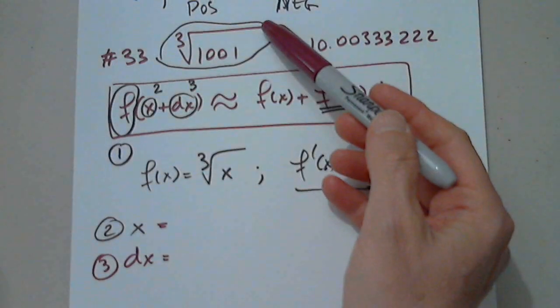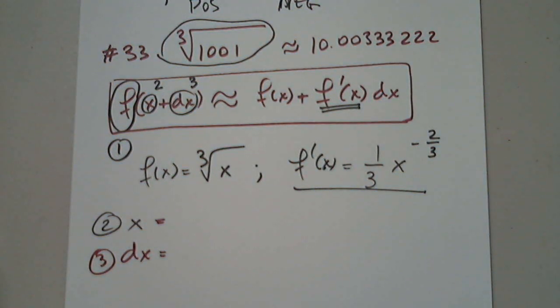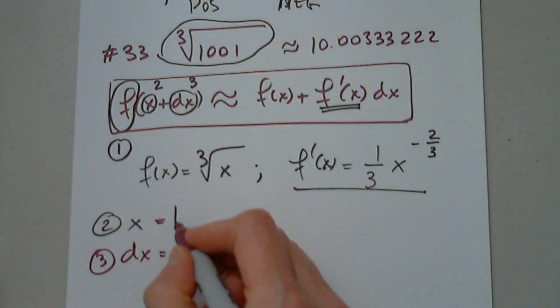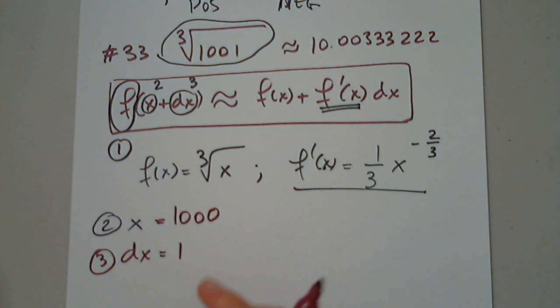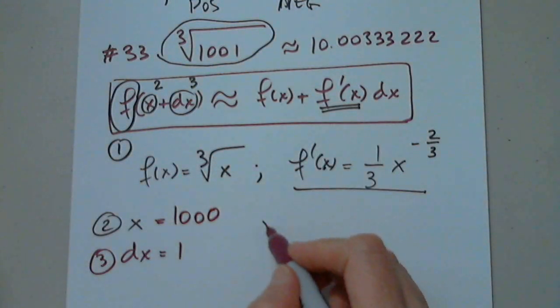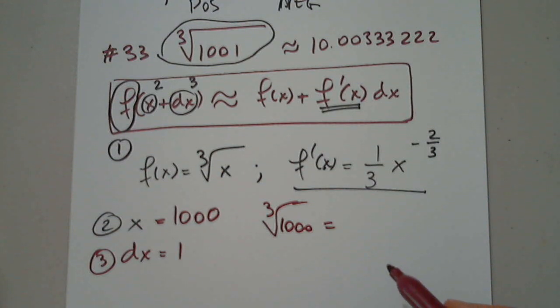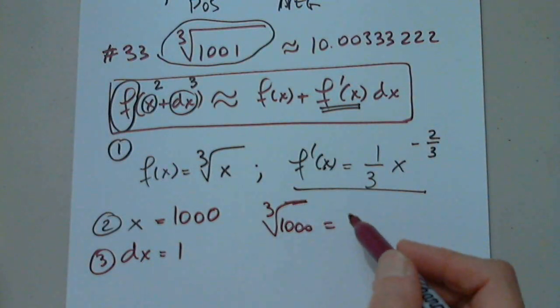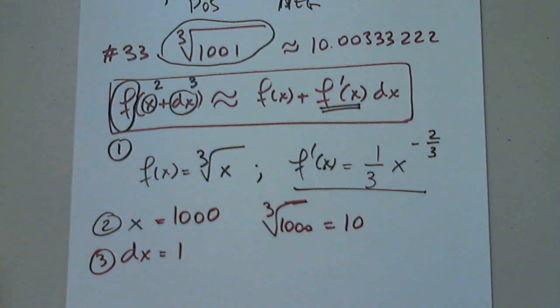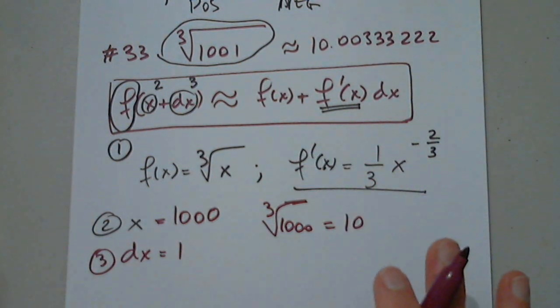So what do you think x is here, and what is the error in x? Oh, 1001. Of course. And because the cube root of 1000 would be 10. Exactly. Something very simple, right?